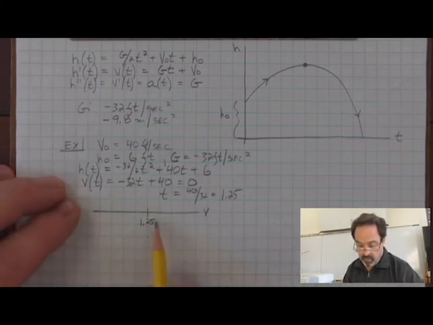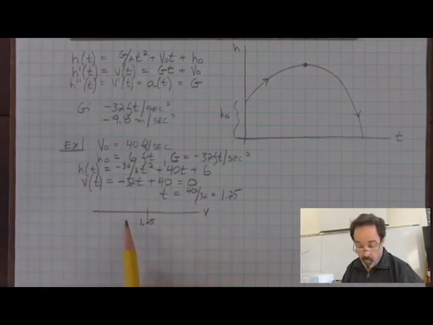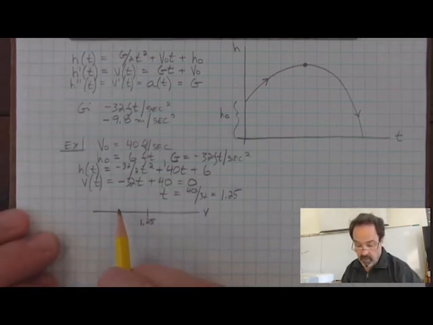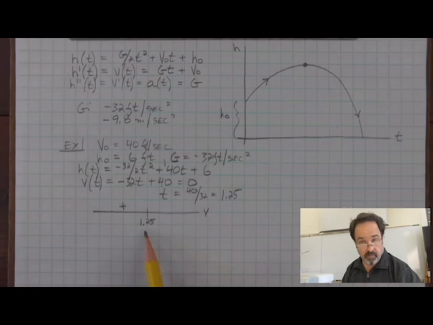The sign of the derivative before 1.25 means I'll put 1 into the velocity equation. When I do, I get negative 32 plus 40. Positive term is greater, so I know that the derivative, or the velocity, is positive before 1.25.